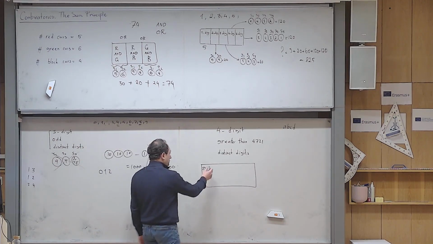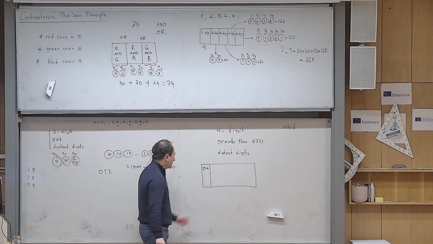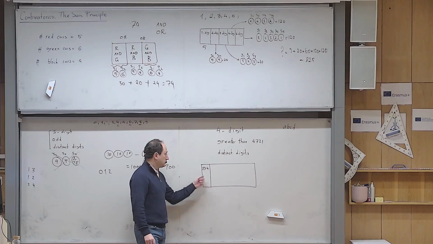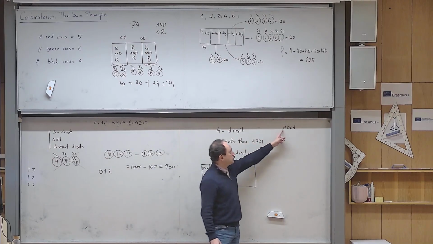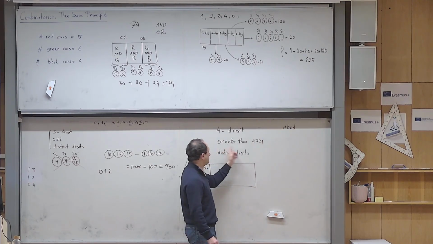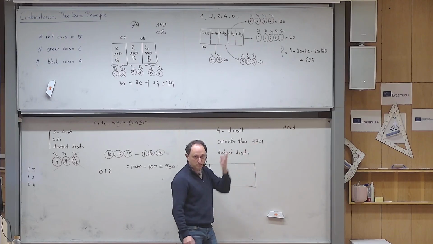I can also hear from you if you have thought in a different way. So one category, I consider the numbers whose this digit is greater than 4, which guarantees the number that I write to be greater than this number automatically.